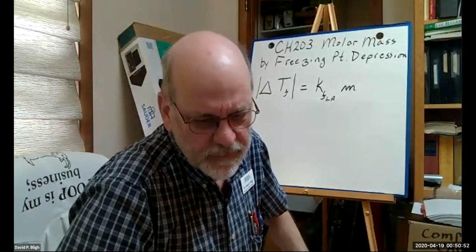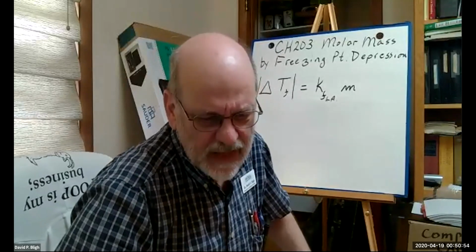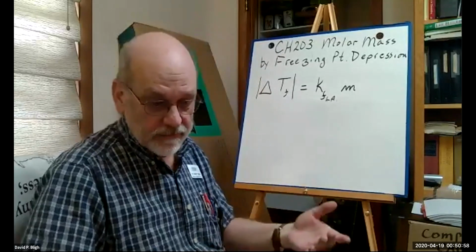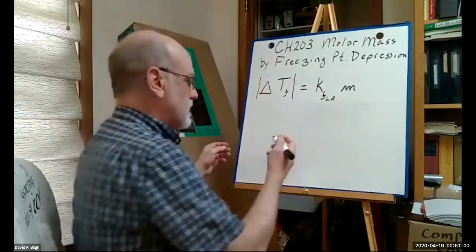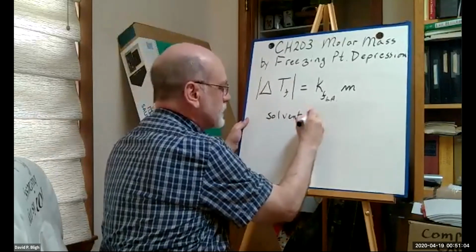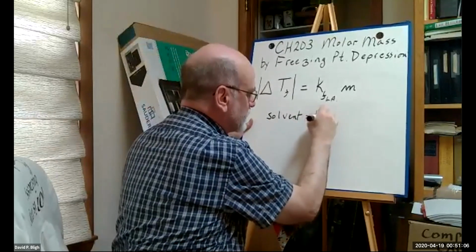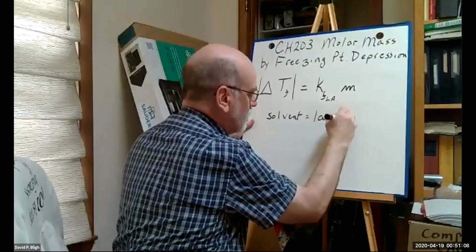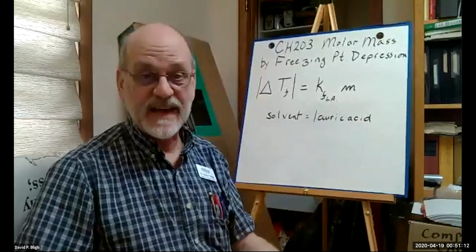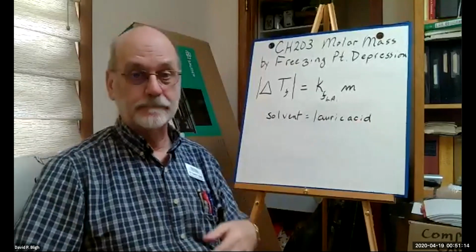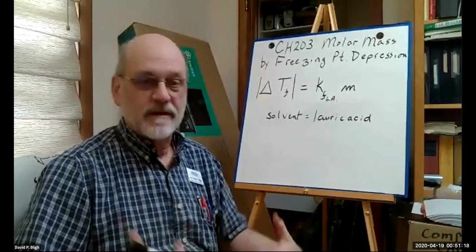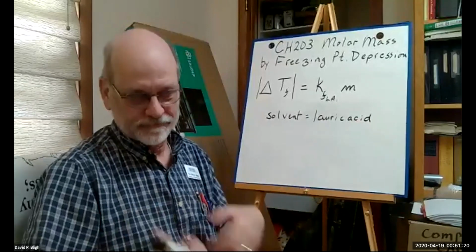We've talked about the difference between molarity and molality. I've used the term solvent and solute. So we know that our solvent is going to be lauric acid. Lauric acid is a fatty acid. There are good fatty acids and bad fatty acids, physiologically speaking.